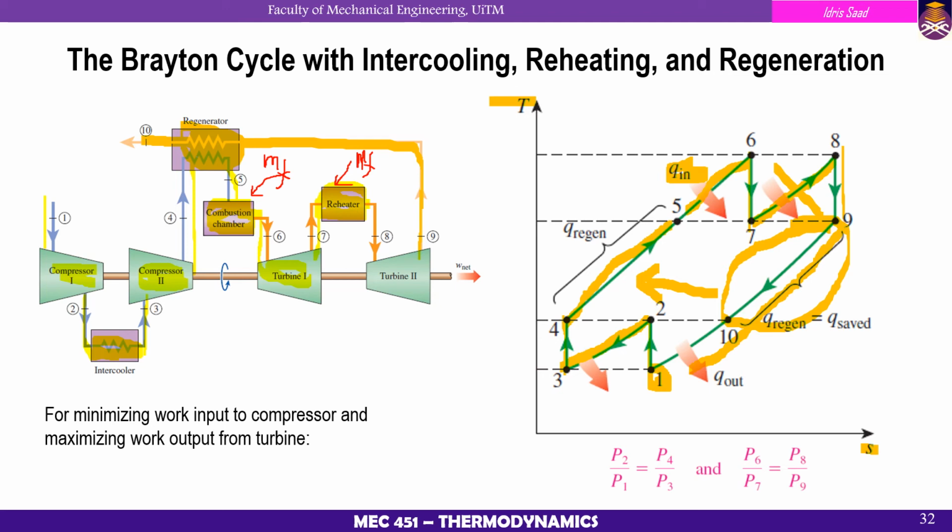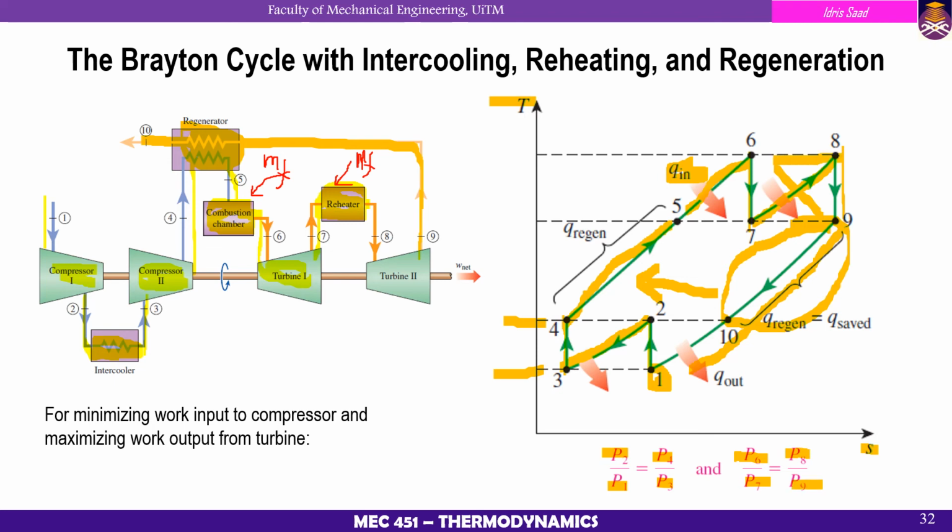For this one, we can calculate the pressure ratio, which is P2 over P1 equal to P4 over P3. So this is the pressure ratio: P2 over P1 is equal to P4 over P3. Similarly, the pressure ratio at the turbine, P6 over P7, is equal to P8 over P9.